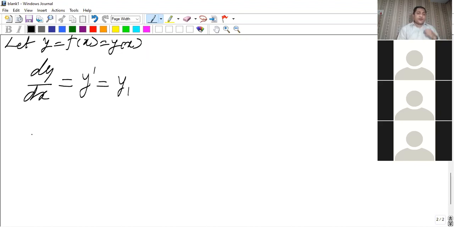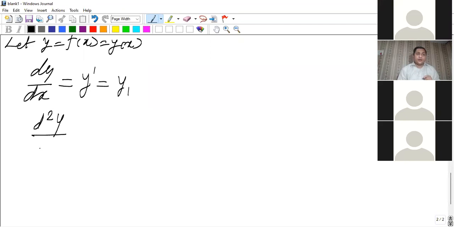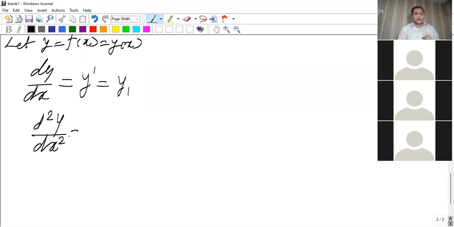Now, what happens if I again differentiate this dy by dx? I'll have d2y by dx square. Please try to understand how we read it. This is d2y by dx square. In dash notation, we write this as y double dash, and in suffix notation, we write it as y2.